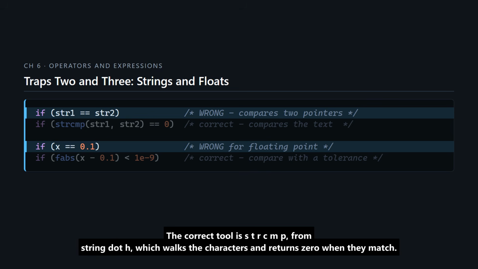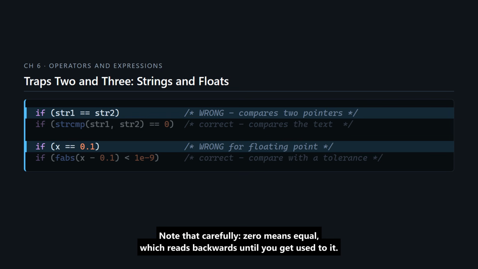The correct tool is strcmp from string.h, which walks the characters and returns 0 when they match. Note that carefully, 0 means equal, which reads backwards until you get used to it.